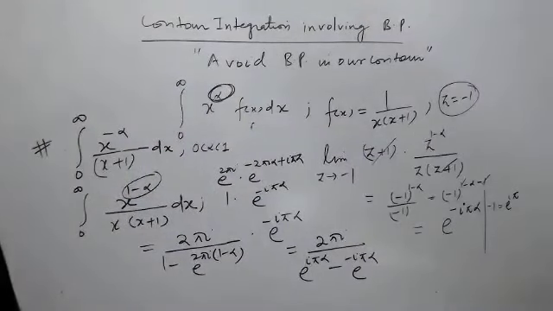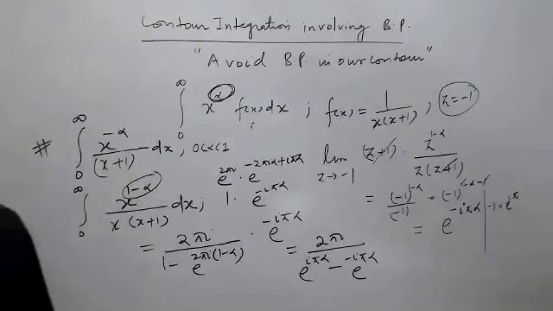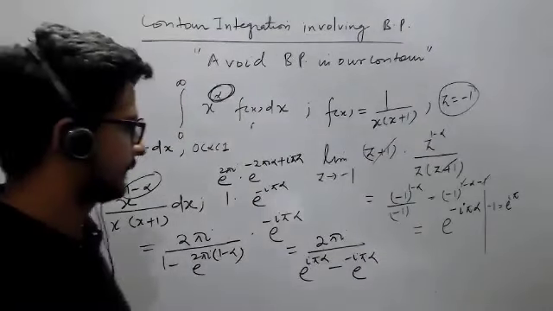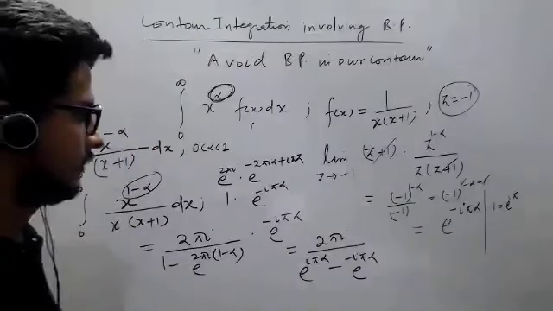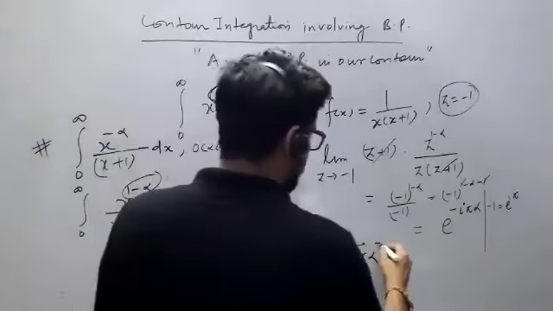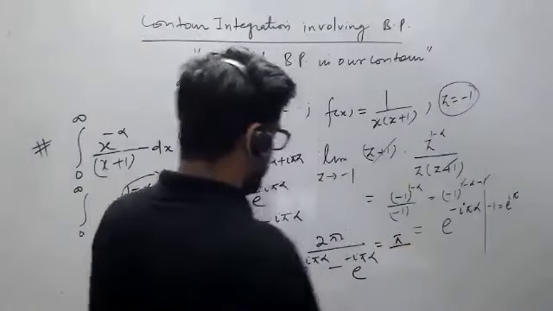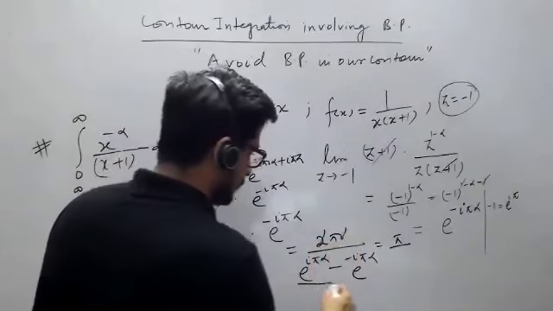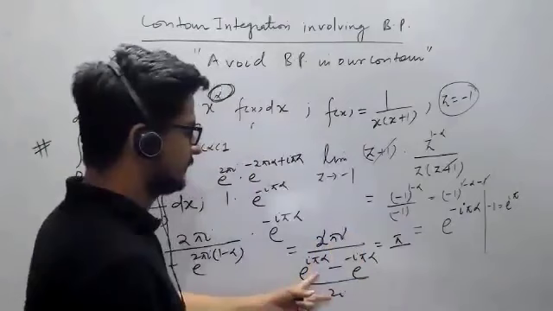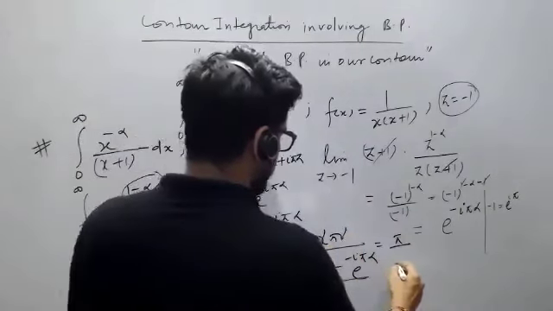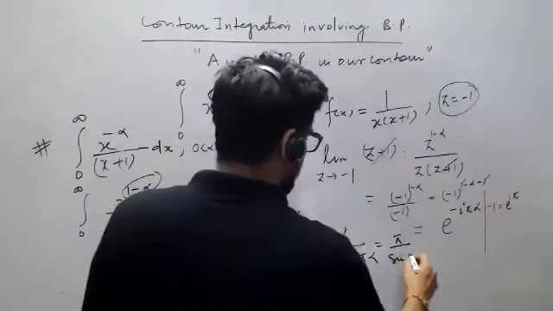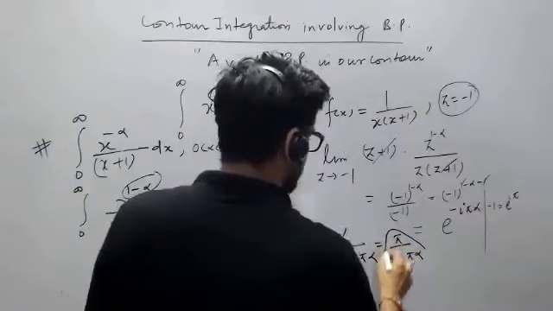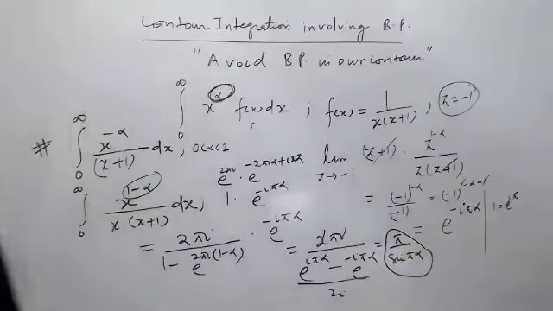Is that okay? Up to this it is okay. So it will become pi upon, you can see that 2i can be written in the denominator. It will become sine. So pi by sine pi alpha is the answer.